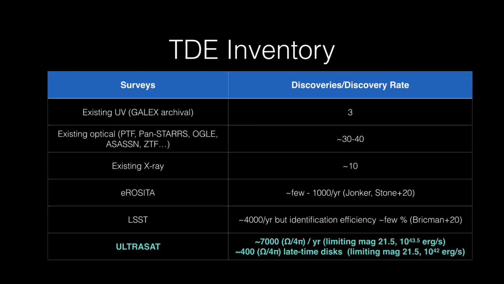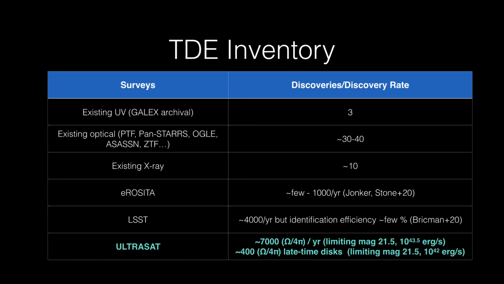So the present day detection rate is dominated by wide field surveys like Assassin and especially ZTF. ZTF released a very nice catalog of 20 new TDEs at the beginning of this year. In the immediate future, I think our biggest improvement in TDE hunting is going to come from eROSITA and its all-sky X-ray survey.